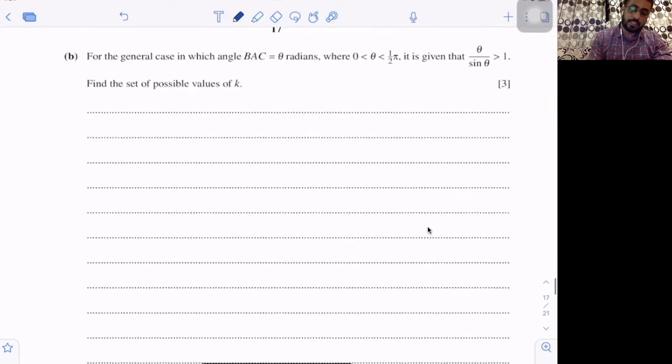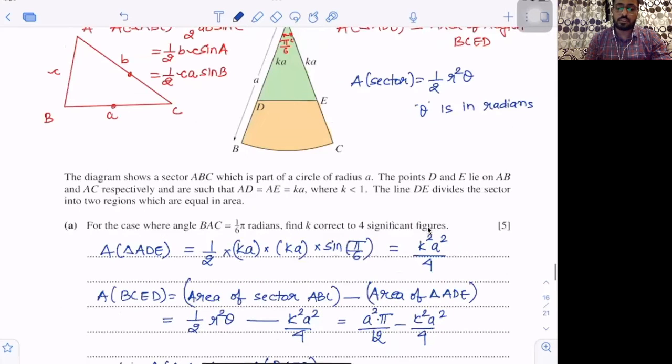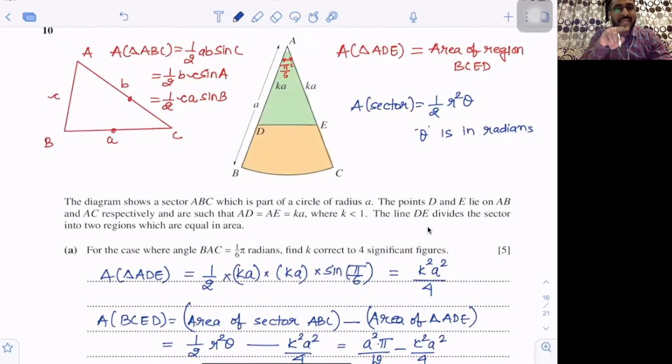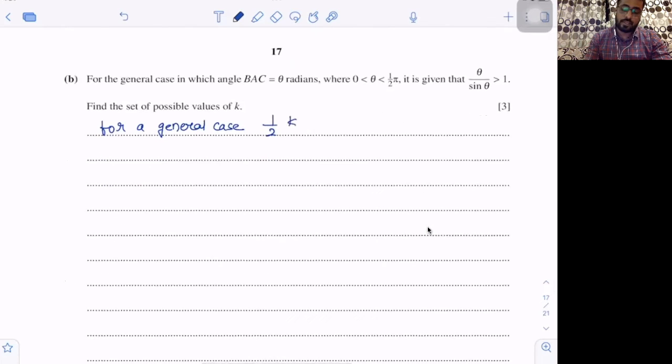So for a general case, area of the triangle, it is given by half. It was the lengths of the two sides was k, and the angle is now theta. So half KA multiplied with KA into sine of theta.